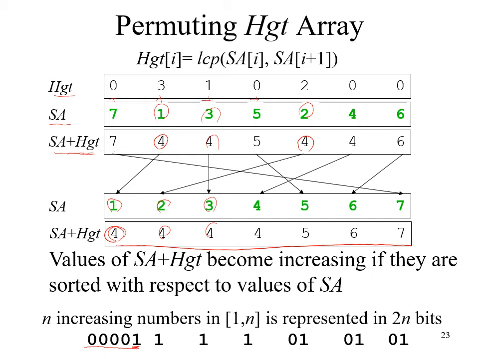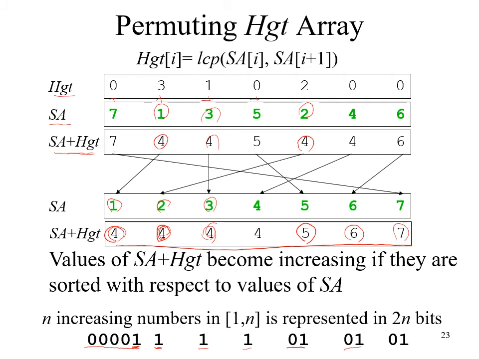The next value 4 is the same, so the difference is 0, so you just encode 1. The next one also has difference 0, so encode 1. And here, this is 1 greater than the previous one, so we encode 0, 1. This is also 1 greater, so 0, 1.